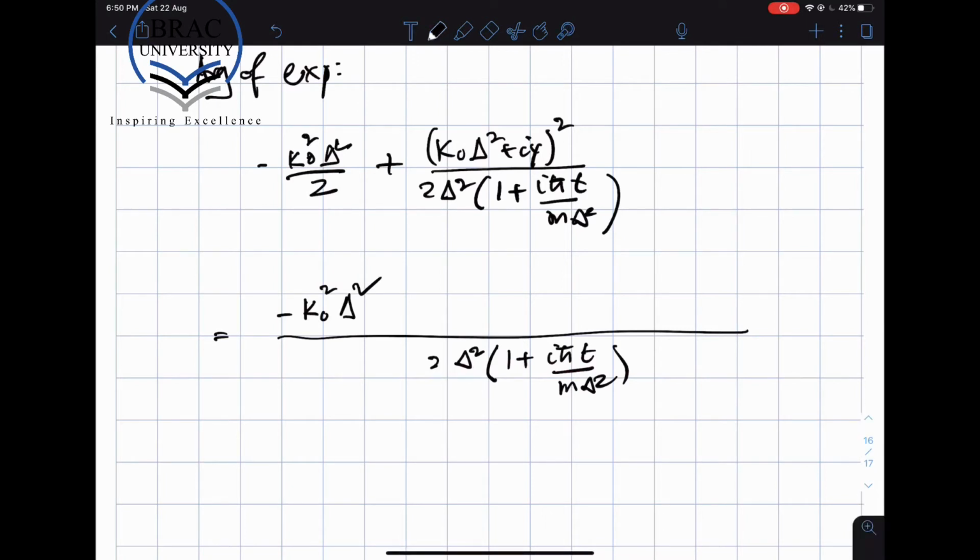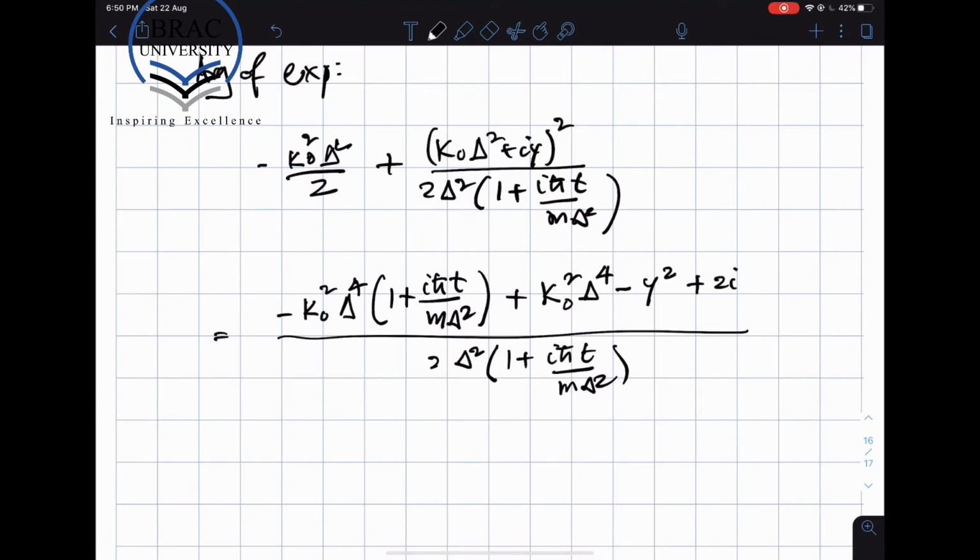So as a result, we get another delta squared, so that delta squared becomes delta to the power 4, and then we have 1 plus i h bar t over m delta squared, plus, now we are expanding the whole square, so we have k squared delta to the power 4 minus y squared, because there's an i, and then we have plus 2i y k naught delta squared.